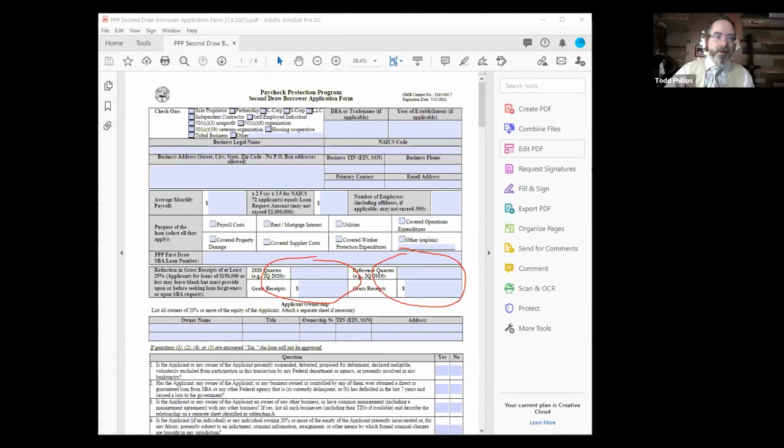All right, let's dive into calculating my quarterly reduction. And the first question we had in the chat room was, what if I wasn't in business in 2019?